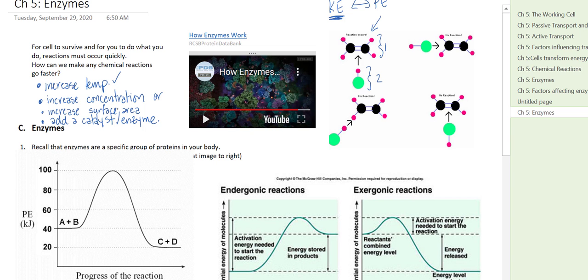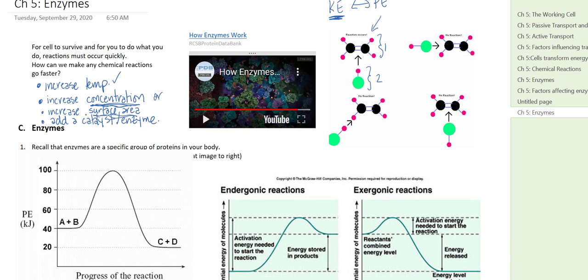Think about concentration and surface area. Concentration we refer to when molecules are in a solution. Surface area we discuss when things are in the solid form, okay? But both of them don't increase the speed of particles or how hard they hit; you increase the number of particles there that could collide.